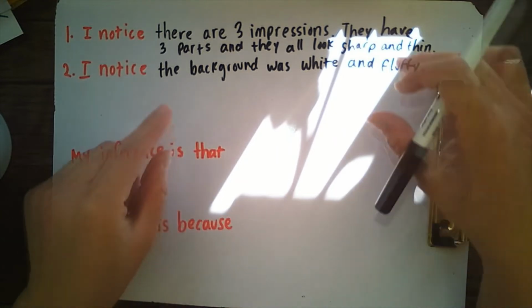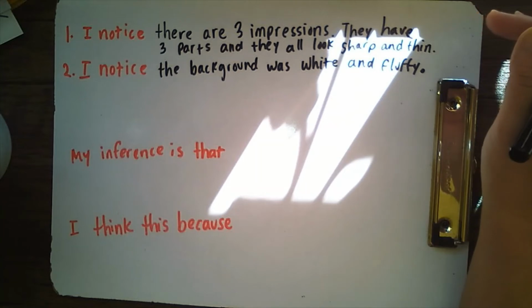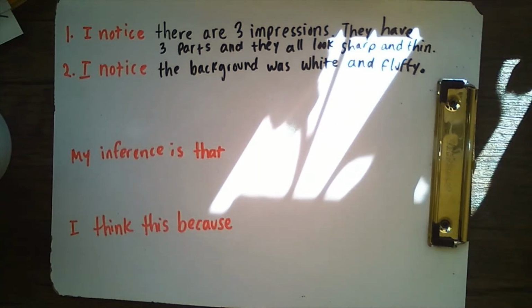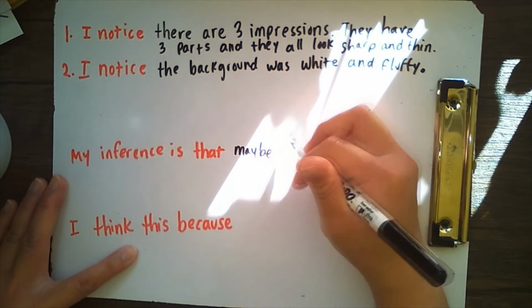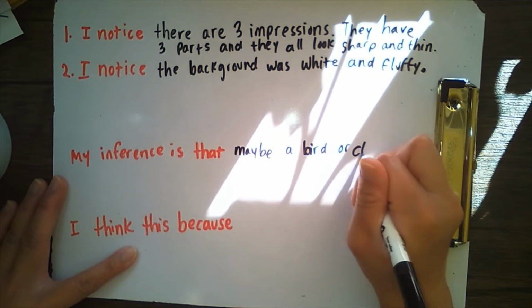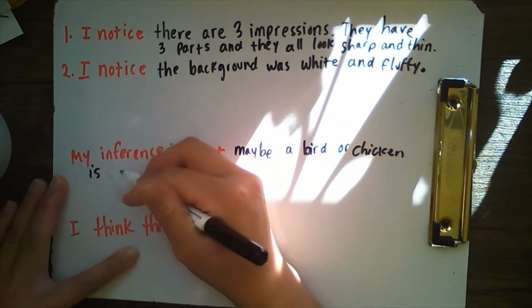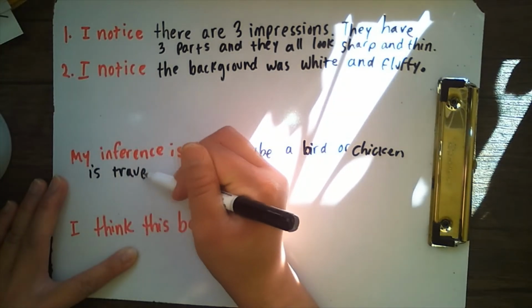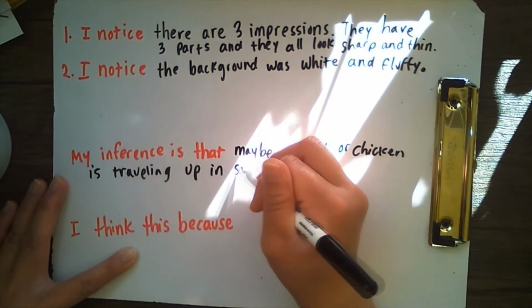So because I have these 2 noticings or these 2 observations, my inference or my idea is that maybe a bird or chicken is traveling up in snow.